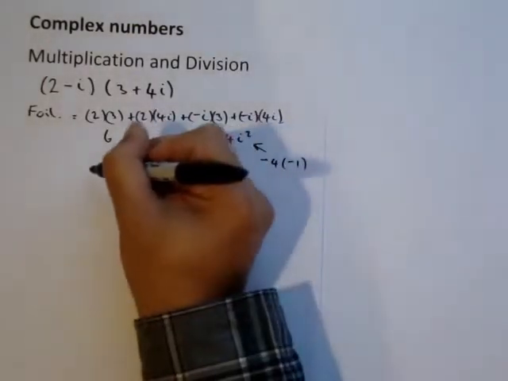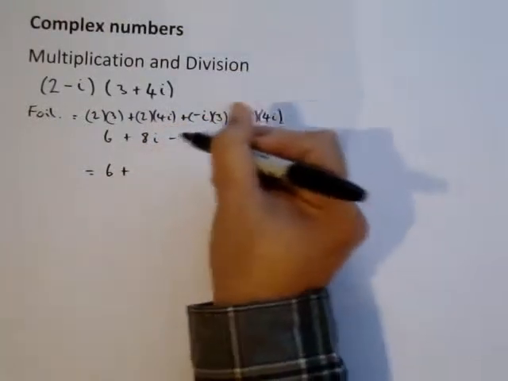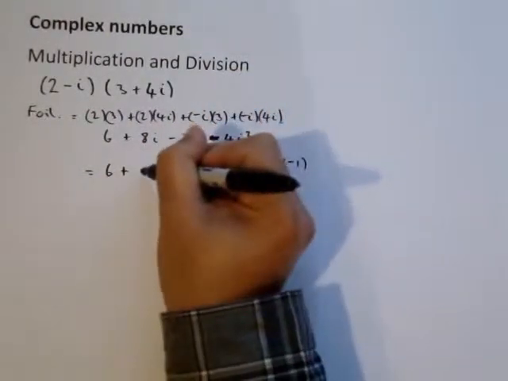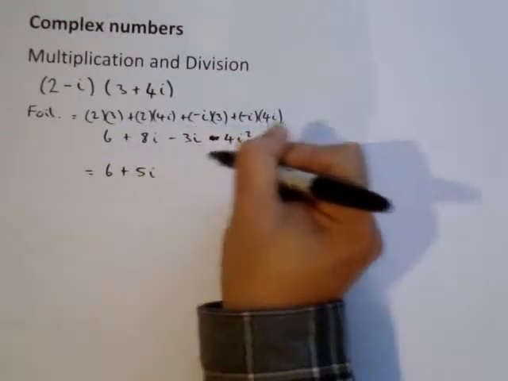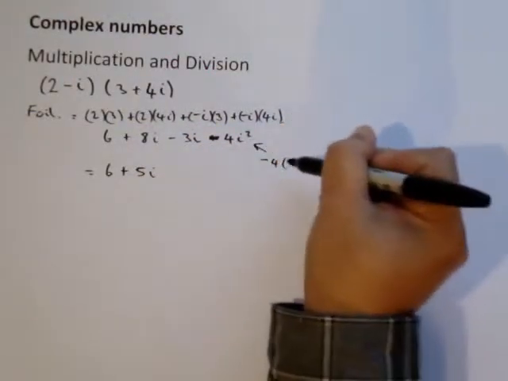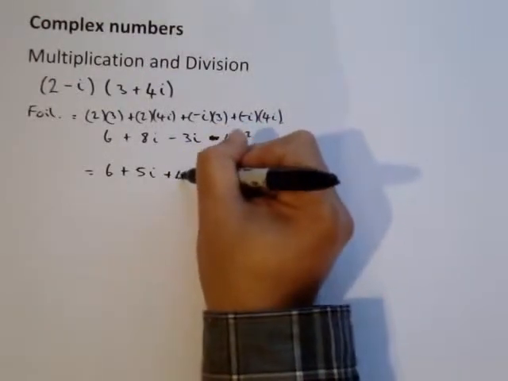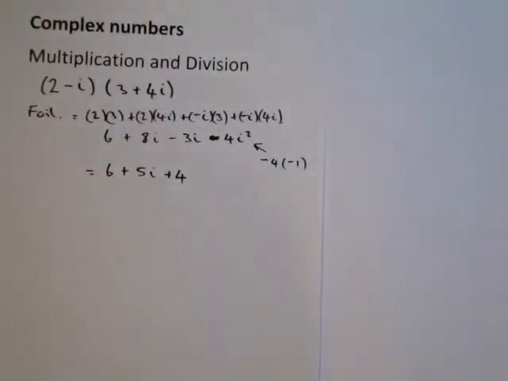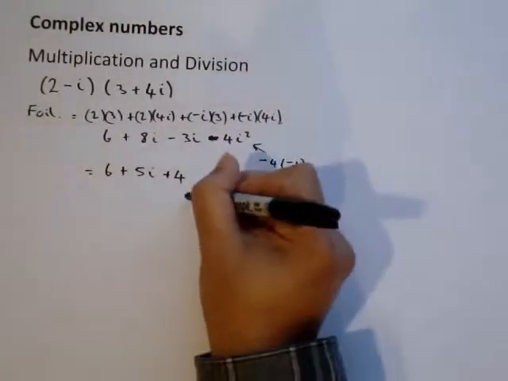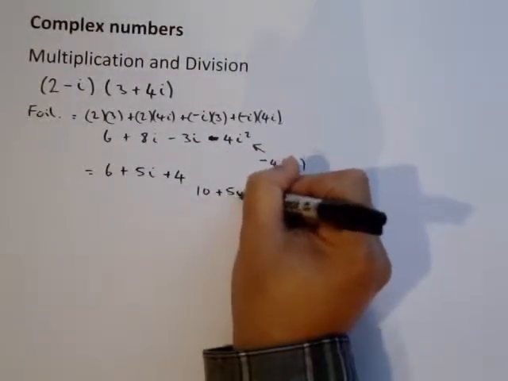So this then becomes 6 plus 8i minus 3i is 5i, and then we have the minus 4 times minus 1, which is a plus 4, and that is our answer. And when we tidy that up, we get 10 plus 5i.